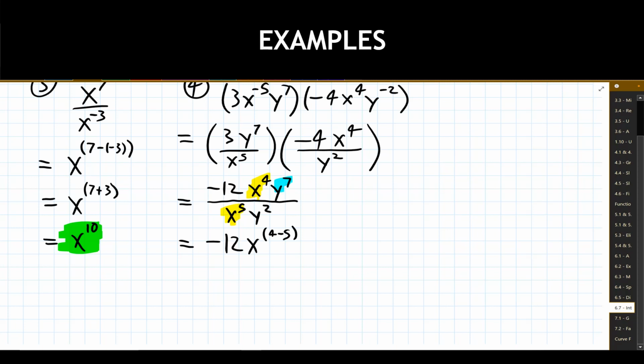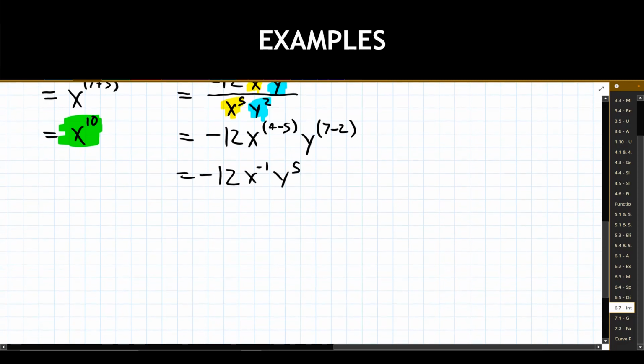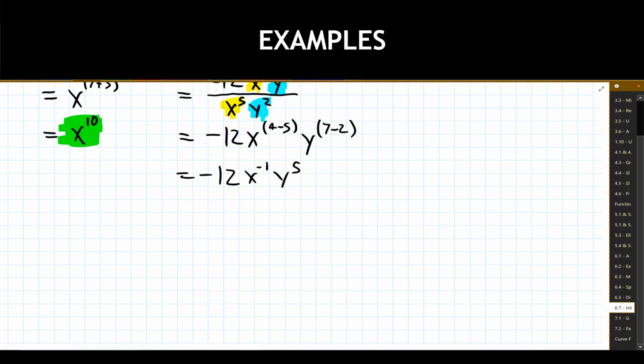For the y's, doing the same thing, quotient rule: y to the 7 minus second power. That makes negative 12 x to the negative 1 times y to the 5th power. Okay, now I don't have any duplicates of variables showing up. That's good. I have one negative exponent. I need to deal with that before I get to my final answer.